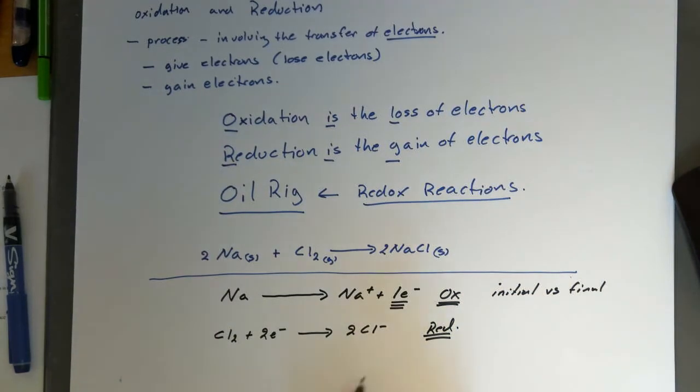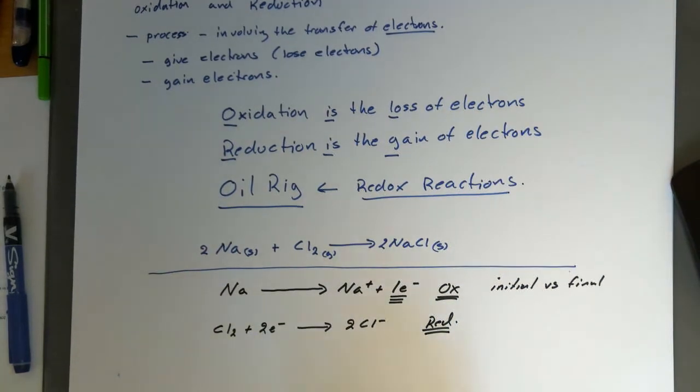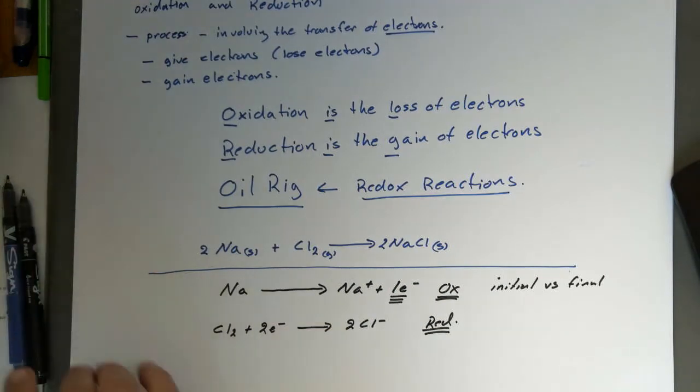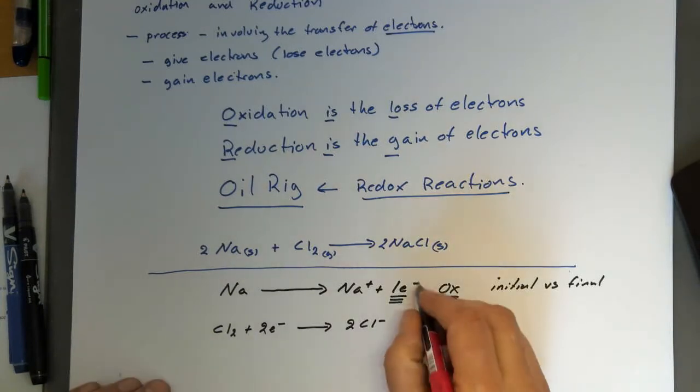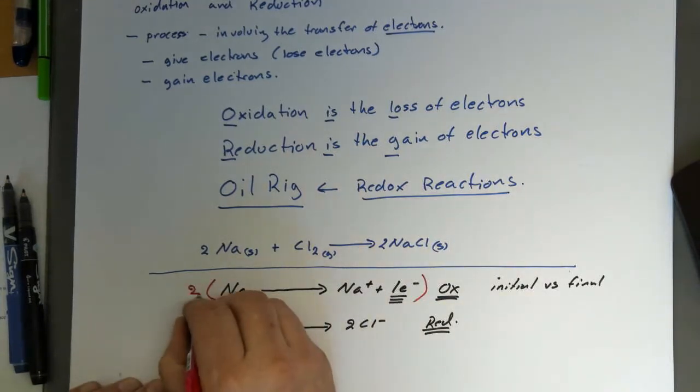Now, if we were to combine these, we would notice that this is providing 1 electron, but chlorine needs 2 electrons. And so we have not enough electrons to satisfy the chlorine, so this reaction will not go. So in order for there to be 2 electrons, we need to multiply the first reaction by 2.